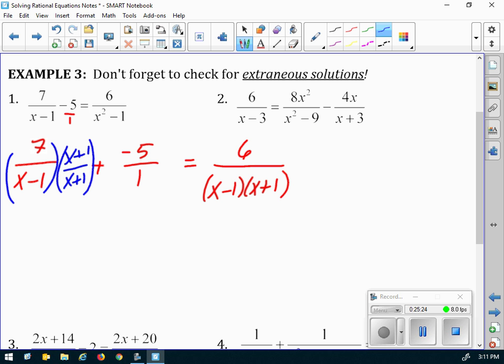What does this one need? Needs all of it. Now, let me show you something. You can write x minus 1 times x plus 1 here. But if we think ahead just a little bit, I'm going to have to distribute that negative 5, right? So could we just write x squared minus 1? Yes, and that'll save us a step.